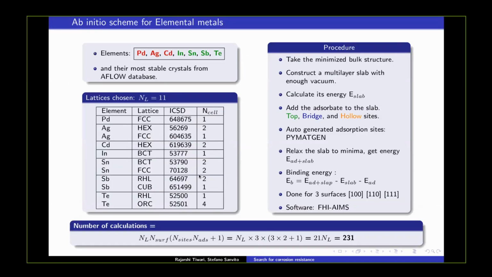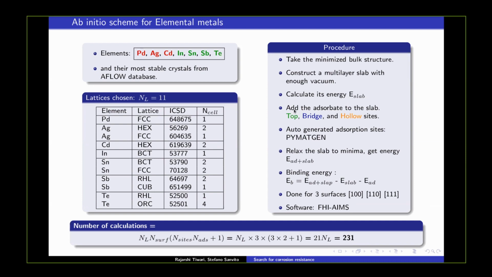So as a first start, I started with a few late transition metals and post-transition metals. Systematically, we downloaded all of their info from AFlow with the corresponding ICSD and crystal structure, and for the ones which had a different crystal structure from all of these lattices chosen, we generate a multi-layer slab and calculate the energy of the slab.